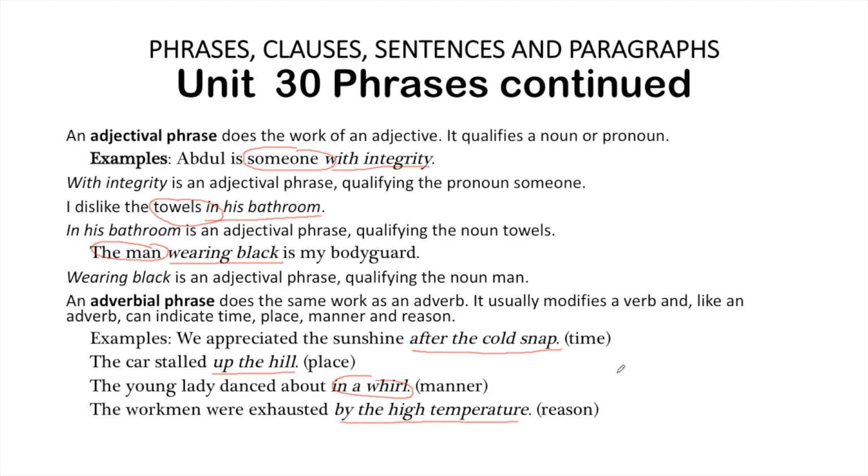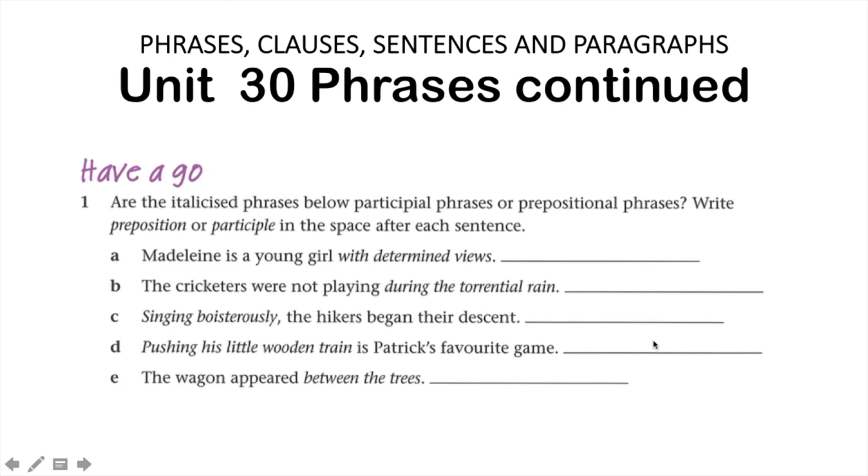So you can see you've got five things here that you need to remember. You need to look at the three different types of phrases we've discussed: the noun phrase, the adjectival phrase, the adverbial phrase, as well as knowing the difference between a phrase that starts with a preposition and a phrase that starts with a participle. Let's get into the activities.